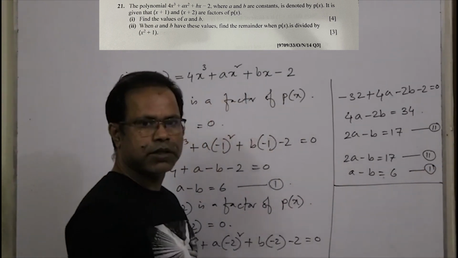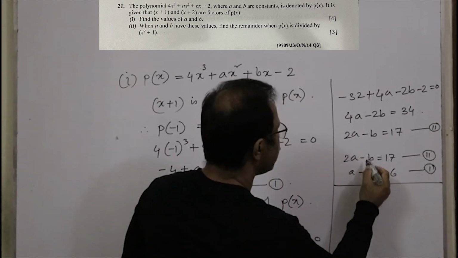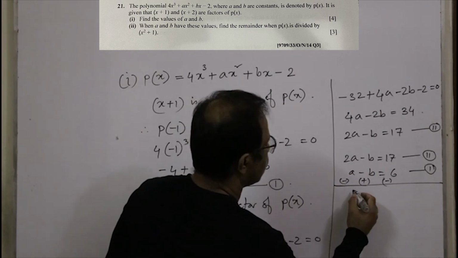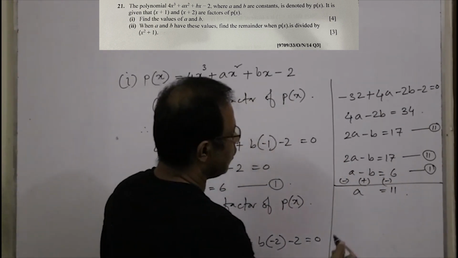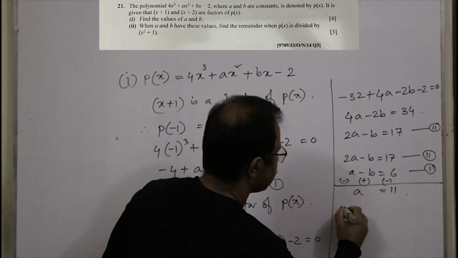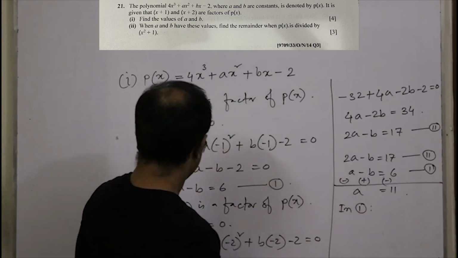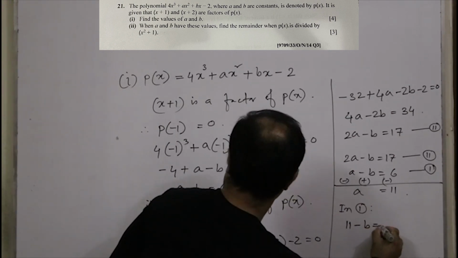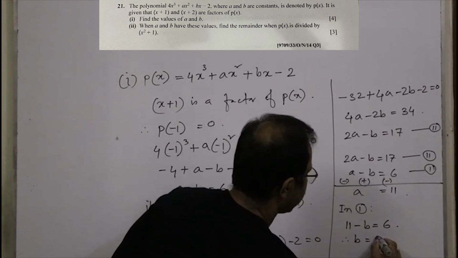If we solve simultaneously by subtracting, then a equals 11. If we substitute the value of a in equation 1, 11 minus b equals 6, therefore b equals 5.